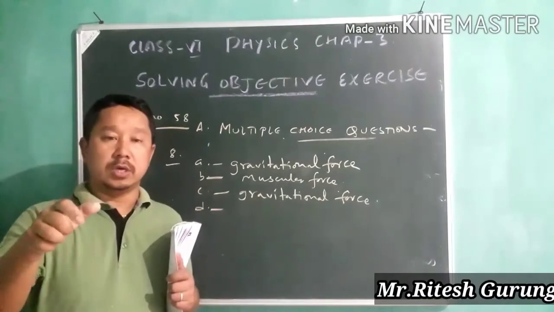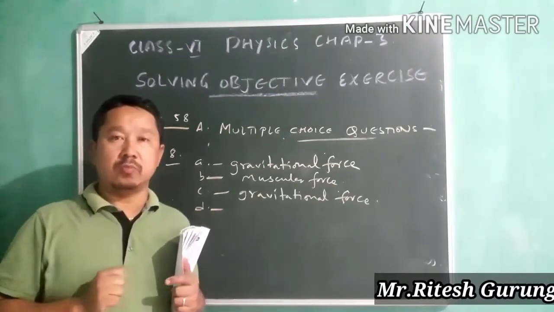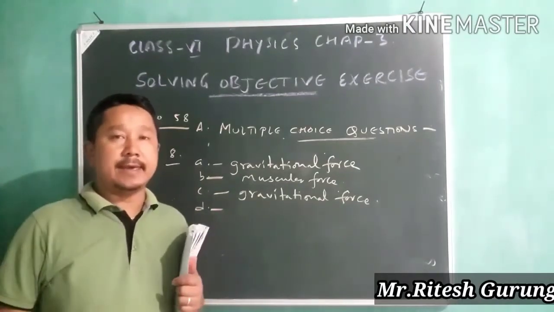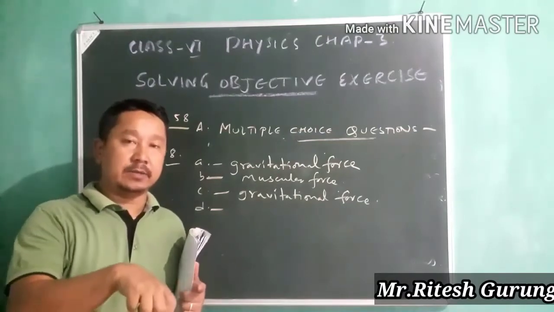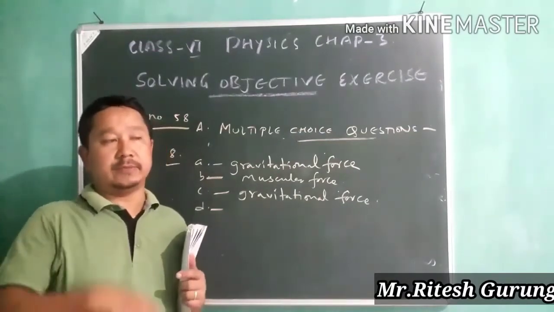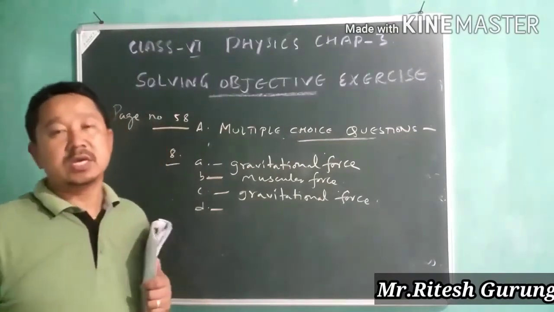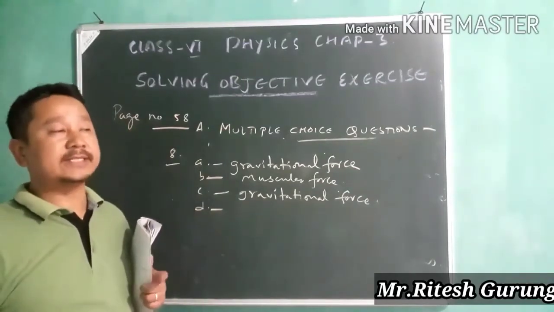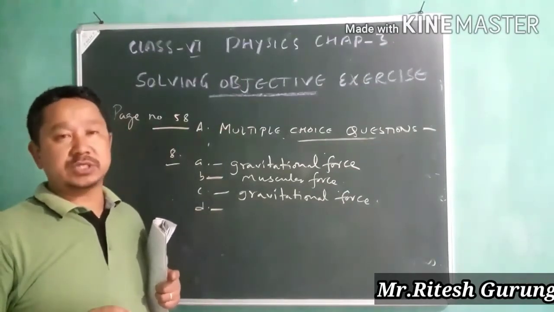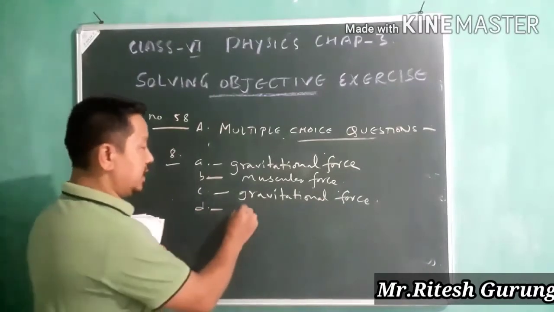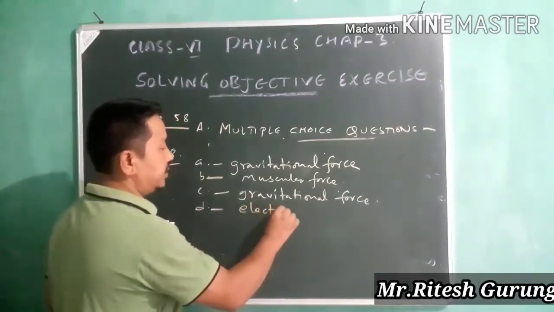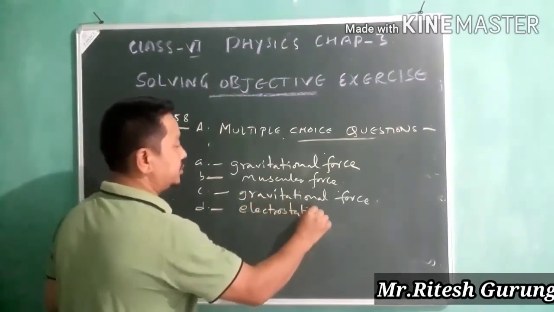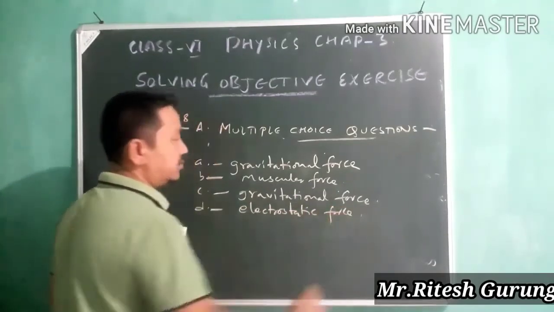When you rub a plastic comb on the hair and bring it close to bits of paper, the bits of paper are attracted towards the comb. Why? Because a kind of force is formed which is called electrostatic force. Electric force.